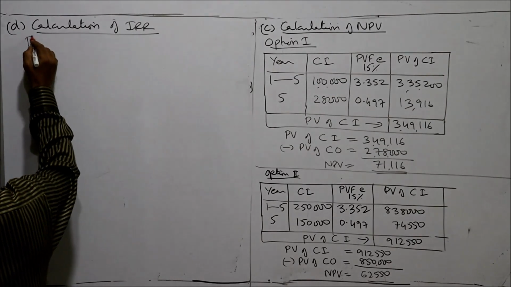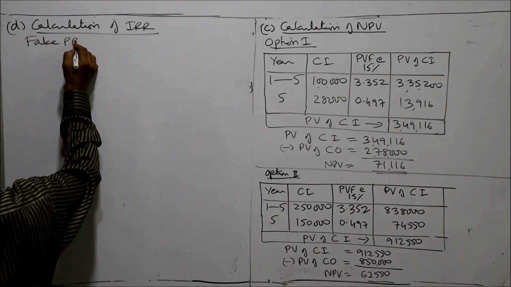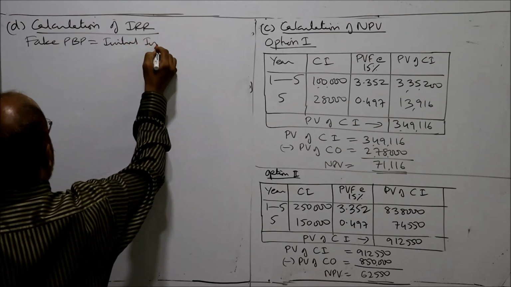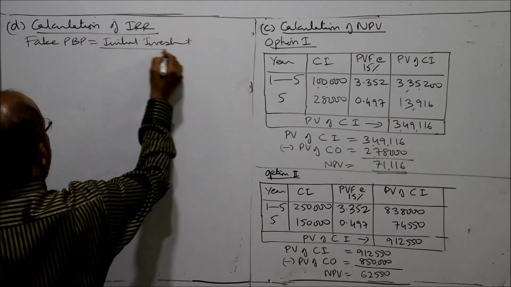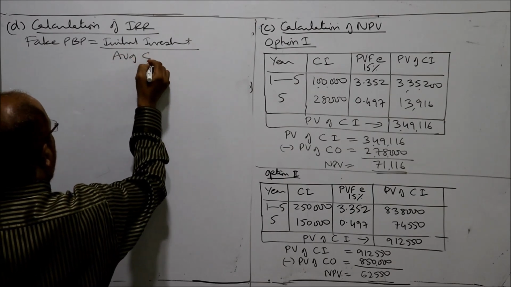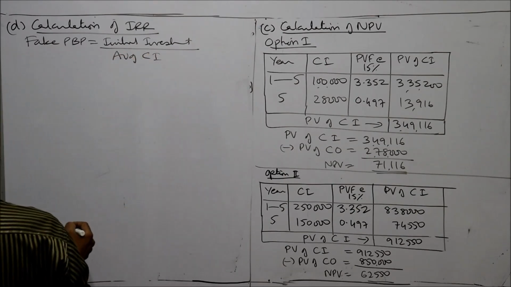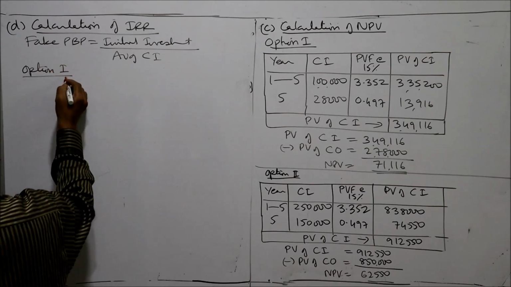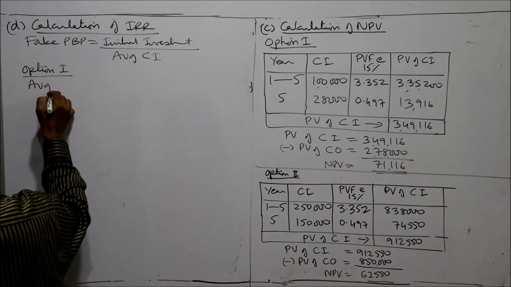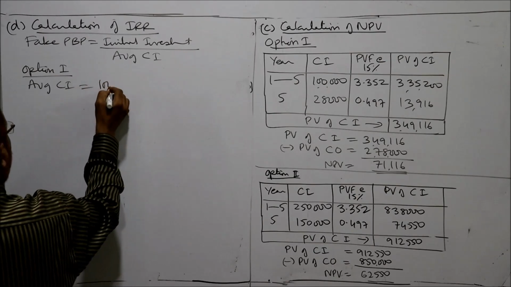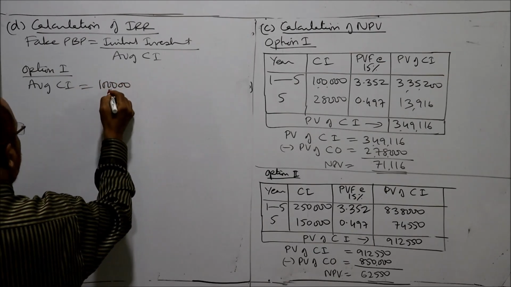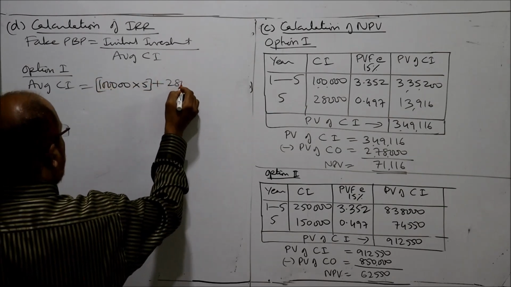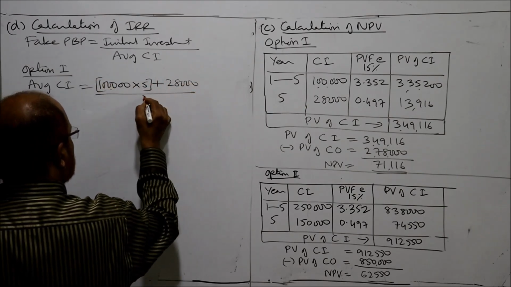Fake PBP is equal to initial investment divided by average cash inflow. So option 1. Average cash inflow is equal to, we are getting 1 lakh rupees for 5 years, plus at the end of the life we are getting 28,000.